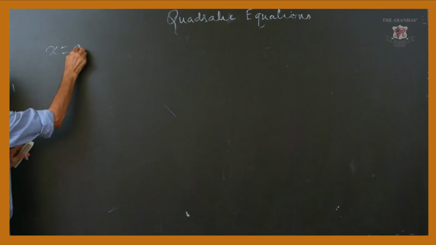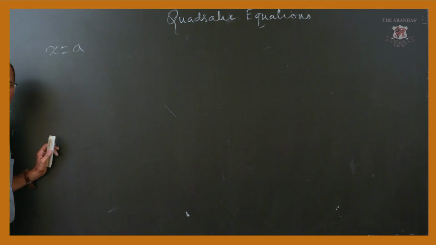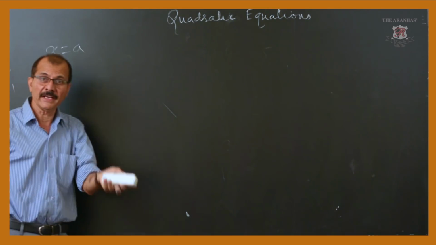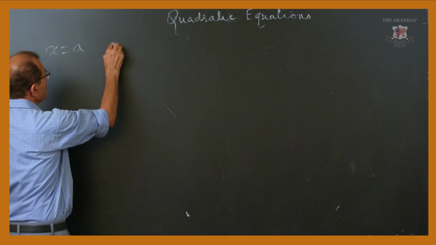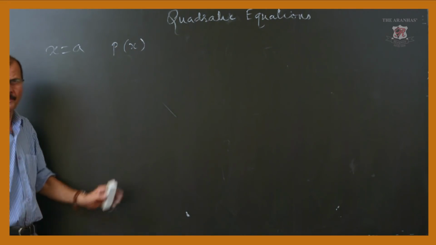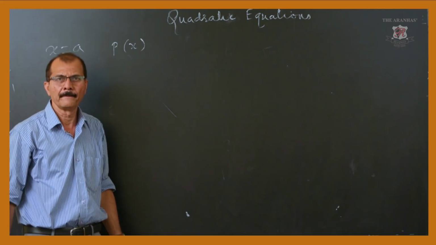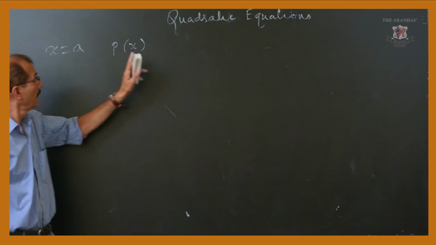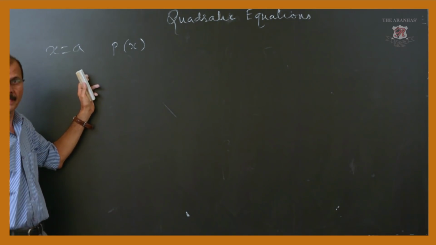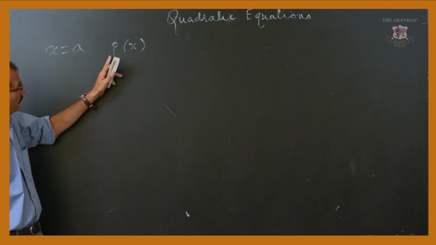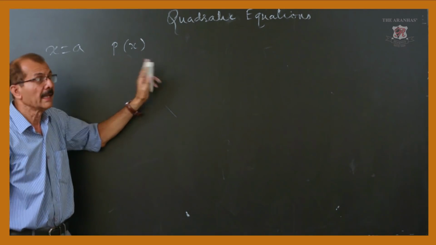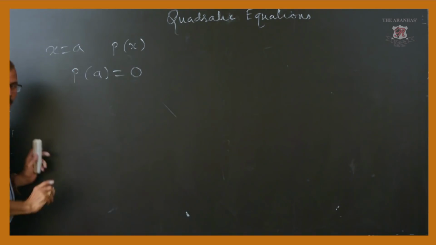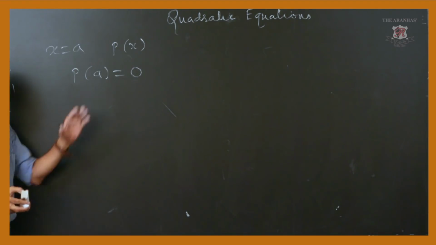if x is equal to a, if you are given the value of x equal to a and if it satisfies a certain equation, say P of x, where P of x is a quadratic polynomial, that means if P of a is equal to 0, what do you mean by this?